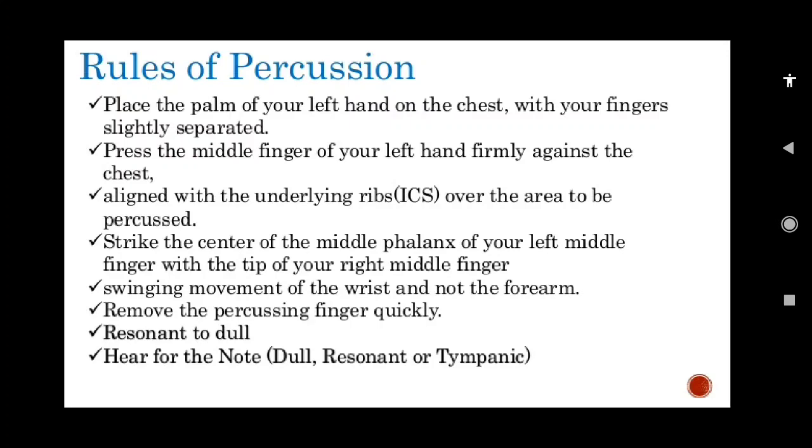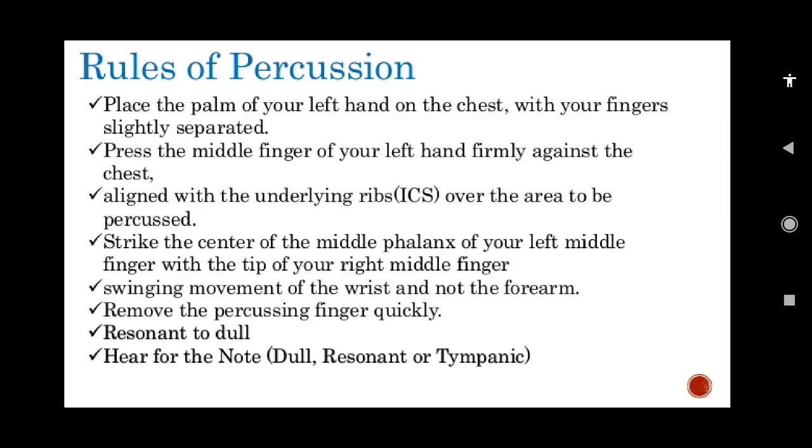Strike the center of the middle phalanx of your left middle finger with the tip of your right middle finger. So the center of the middle phalanx of the left finger, which is placed over the intercostal space, should be tapped with the tip of your right middle finger. Use a swinging movement of the wrist and not the forearm.